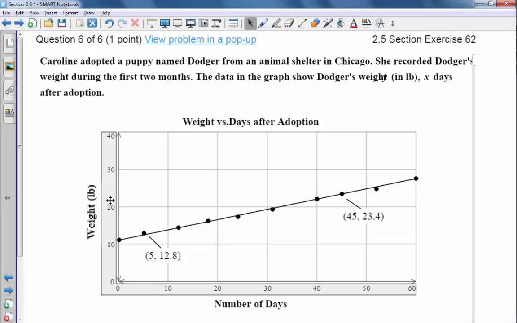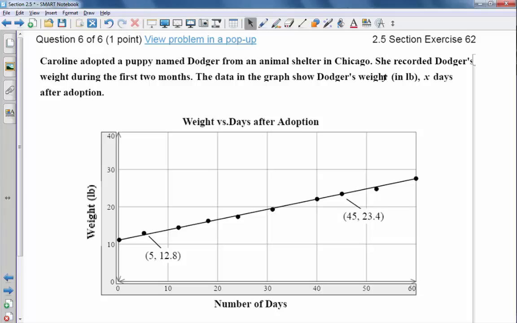So usually weight increases in a straight line pattern. Okay, what is the question here? Is this clear? Do you know how to read this? Right? Up to 60 days, 2 months, your puppy is about 27-ish pounds. Good.